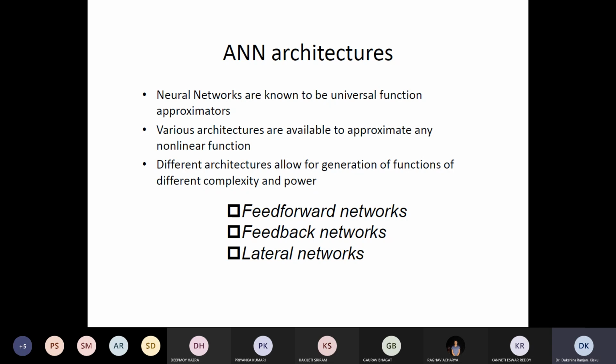Initially, we will consider three different types of artificial neural network architecture, and based on these, we can produce a large number of architectures. These are feed forward networks, feedback networks, and lateral networks.